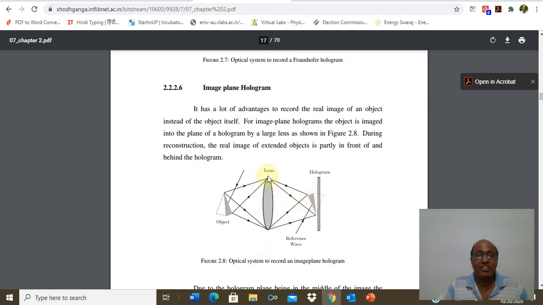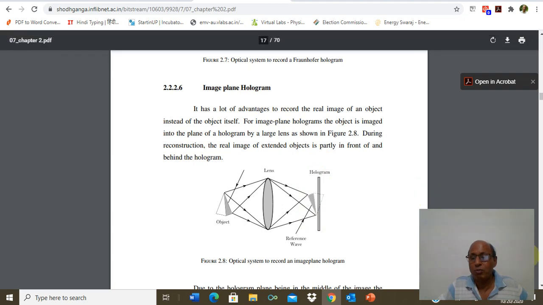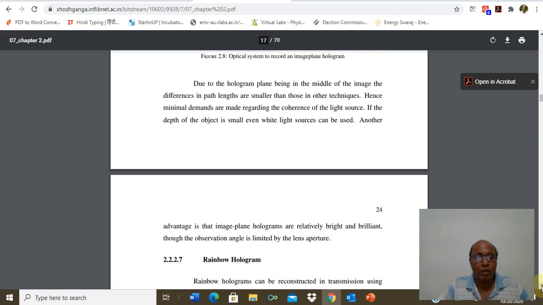The lens is very large, so you can see the image on the plane of the hologram itself, right? So during the reconstruction, the real image of the extended object is partly in front and partly behind the hologram. So it is near the holographic plane. Such holograms are called image plane holograms.